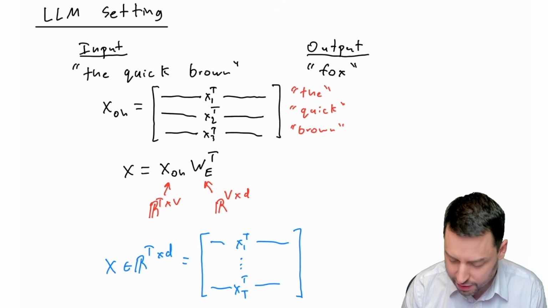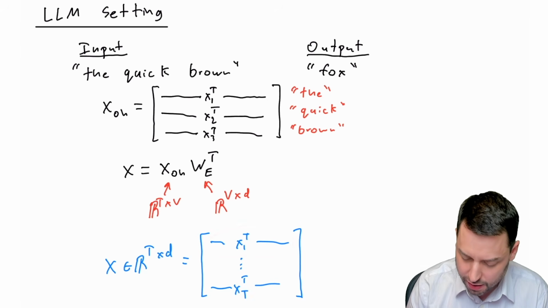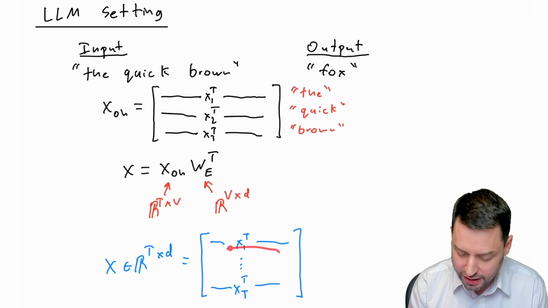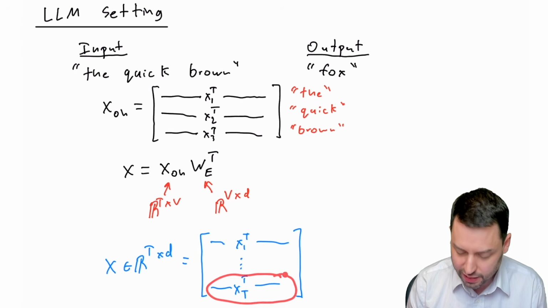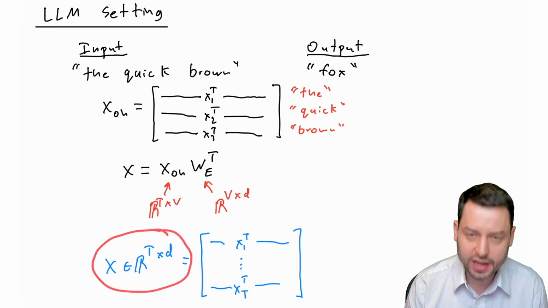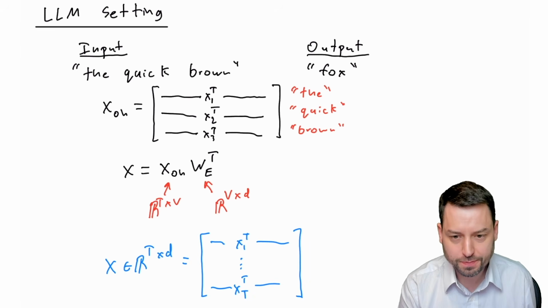And we still have this property that the first row corresponds to the first word in the input, the second row corresponds to the second word, etc., all the way down to the last word in the sequence. So this, in some sense, is the representation that we're going to manipulate throughout our operation.